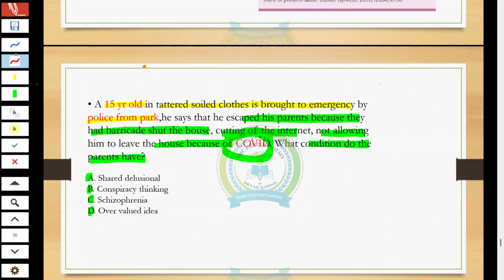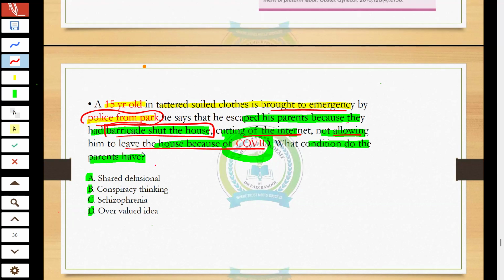So, brought to the emergency by police from the park, and escaped his parents because they had barricaded the house, cutting off the internet, not allowing him to leave the house because of COVID.